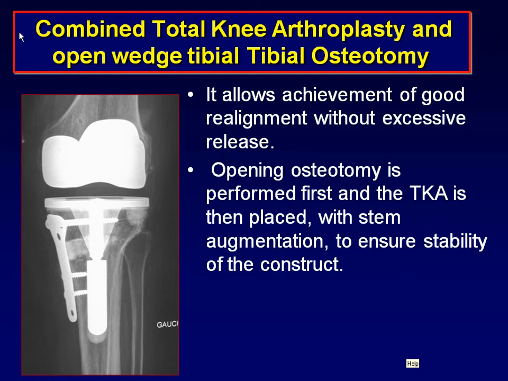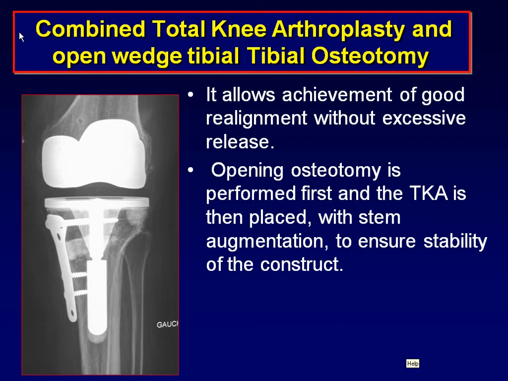The next situation is total knee arthroplasty associated with tibial osteotomy at the same time. You can perform in the same patient a tibial osteotomy with opening wedge and a total knee arthroplasty for large varus correction. Even if you have some experience with knee arthroplasty, it's not so easy to perform a release and to balance after 15 or 20 degrees.